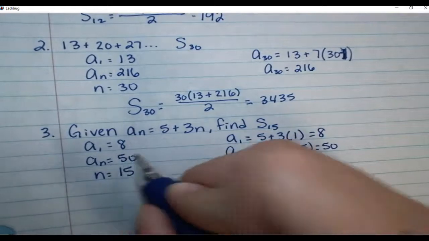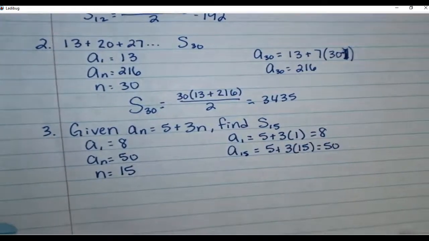And that's our an, and now we have everything that we need.